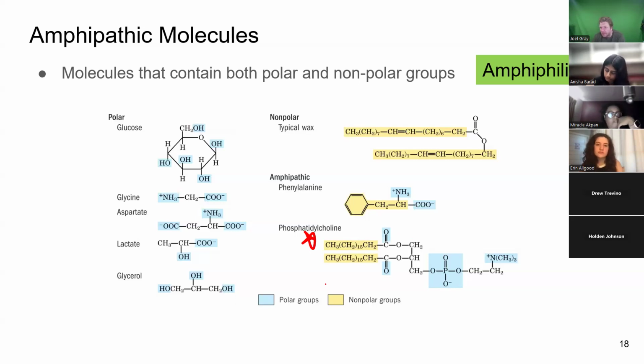Phosphatidylcholine is a phospholipid. It's known as a glycerophospholipid. I'm going to put A and B on this molecule. I've decided to separate it simply as two different regions, region A and region B.